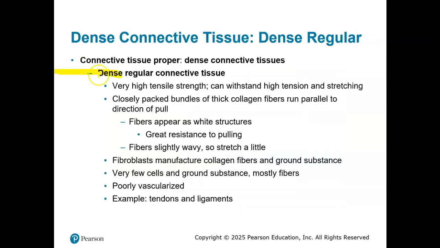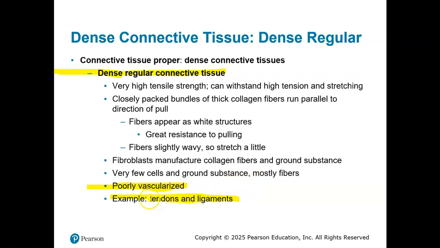The dense connective tissue that we call dense regular connective tissue is poorly vascularized, so it does not have a lot of blood supply. The dense regular connective tissue are your tendons and your ligaments, and I do expect you to know the difference between tendons and ligaments.